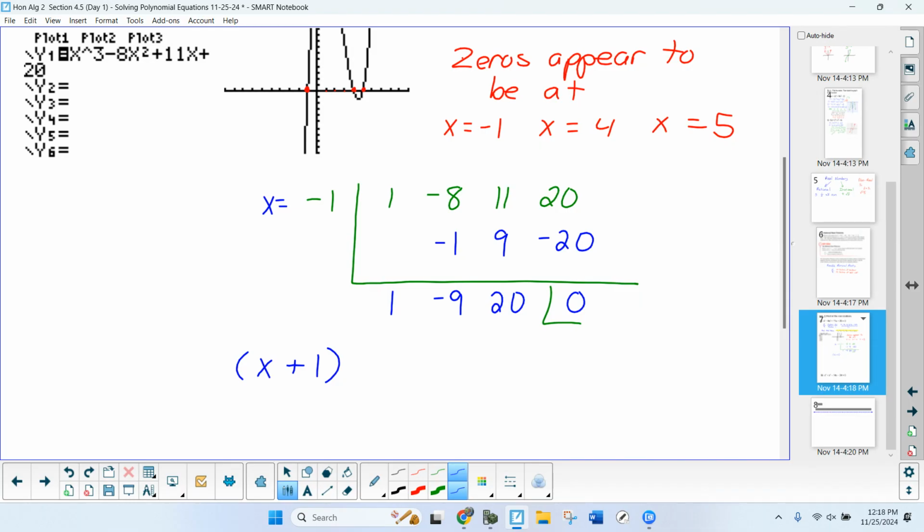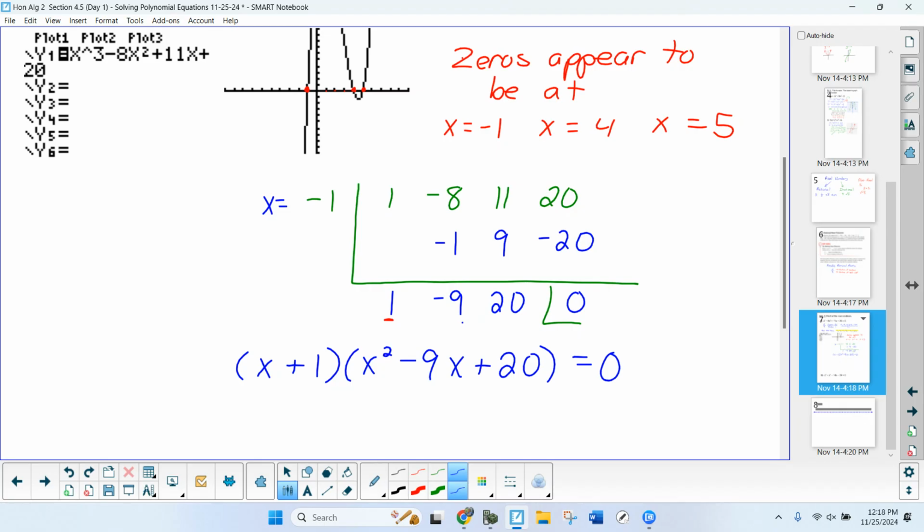And since you started with x to the third, you have to go down in degrees, so this is 1x squared, then minus 9x plus 1. And this was equal to what? 0.